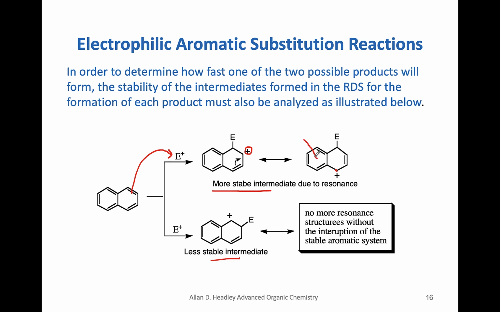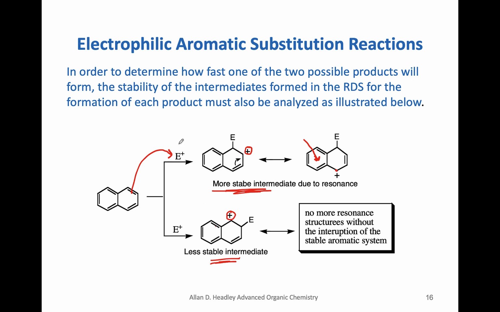Notice that this benzene ring is still existing, or this is still aromatic. By looking at this one, we cannot delocalize this positive charge unless we interrupt this aromatic structure over here. So this intermediate here is more stable than this one.